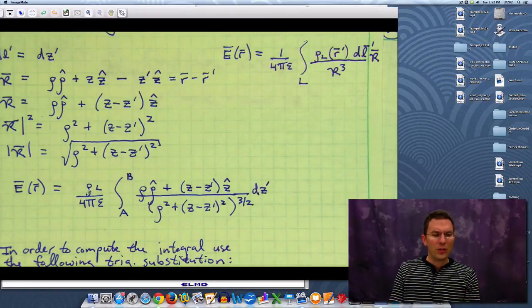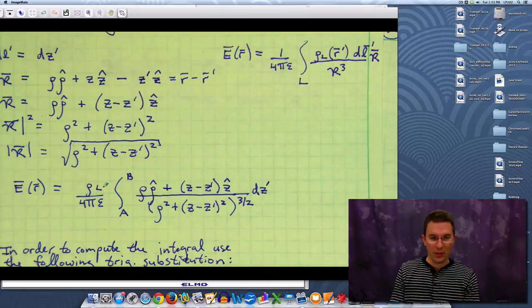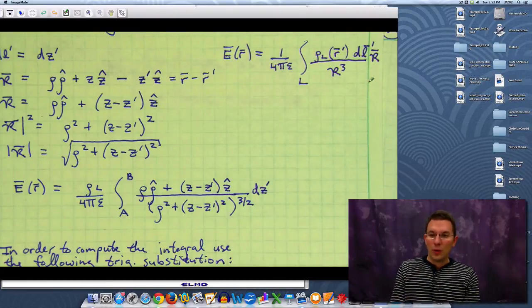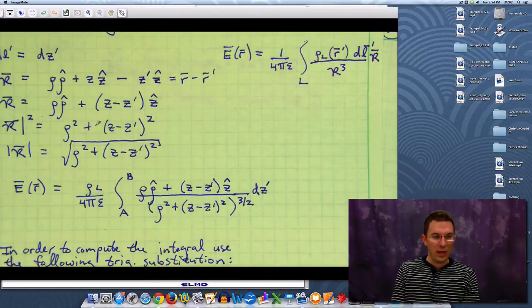So here we go. The charge density along the line is a constant. We're told that in the problem, so it comes out of the integration, and we have 1 over 4 pi epsilon right here. We're integrating from point A to point B, wherever those happen to be, along the z prime axis. Here's our dl prime, which is just dz prime, so we make that substitution. Then we put up here the vector capital R, that's what we calculated here.